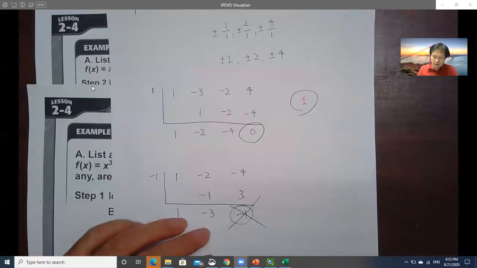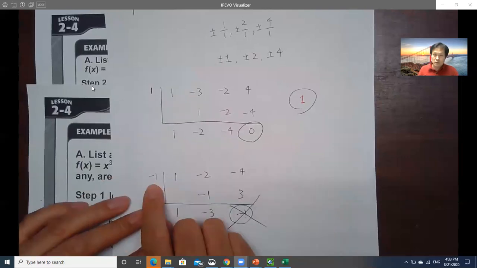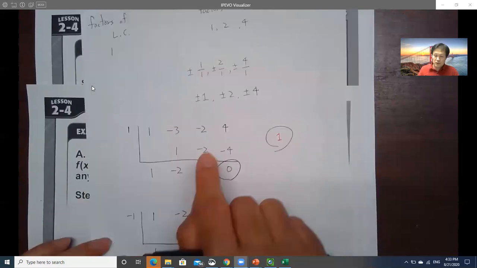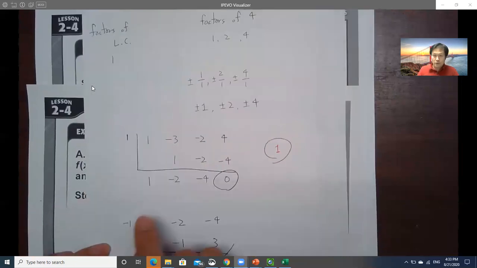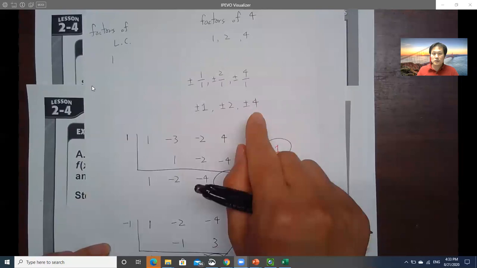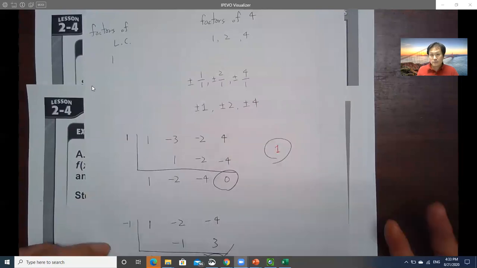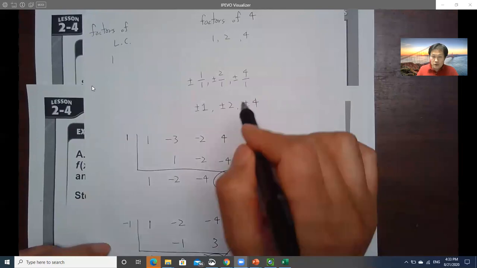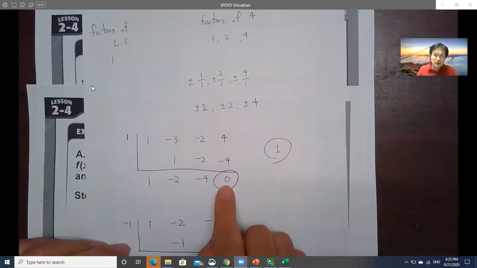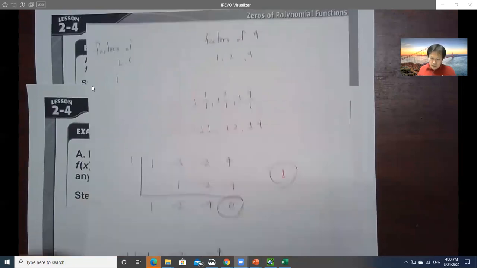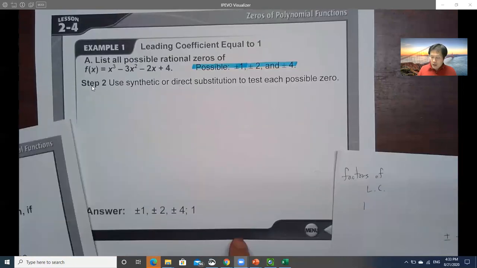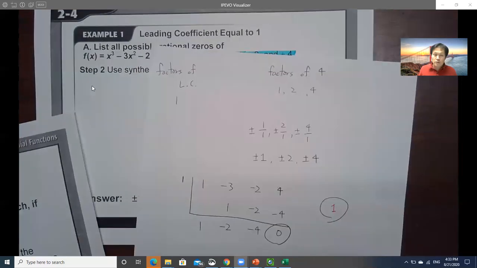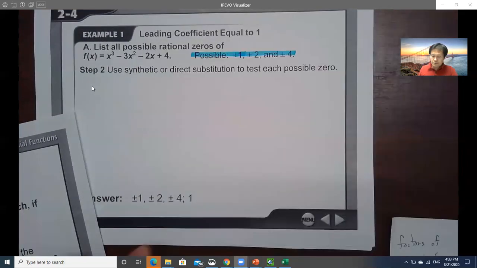What does that tell us? Minus 1 is not going to work. Can I try 2? Yes. Minus 2? Yes. 4? Yes. Minus 4? Yes. It's going to take a while. If you check every single one, whatever gives you a remainder of 0 at the end is a real zero. If you try all that, it happens that only 1 is an actual zero.